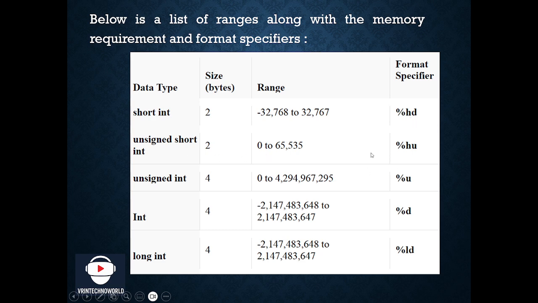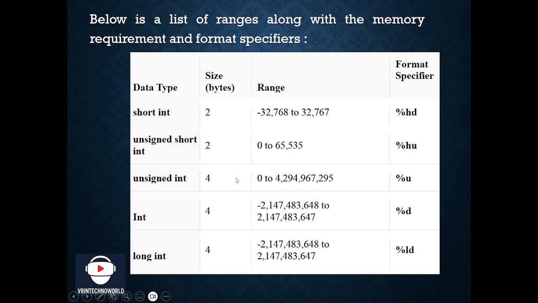In case of unsigned, we are having %hu, even though the range has been changed. So everyone just keep in your mind, if you are using unsigned int, then what is the range of it, and how many values do you need in your C program? Depending upon that, you try to take the data type.